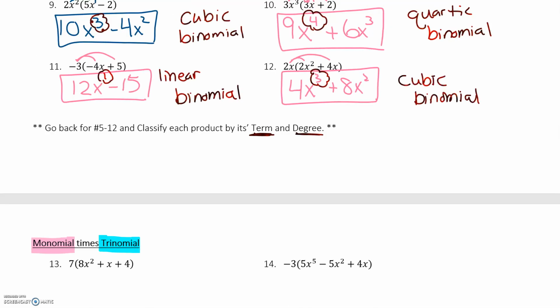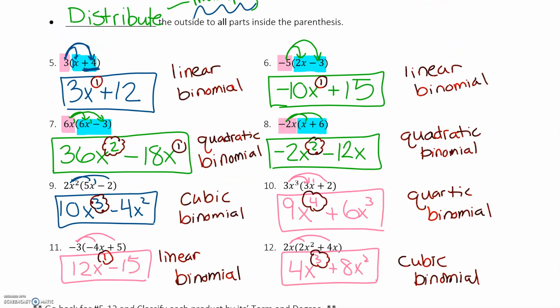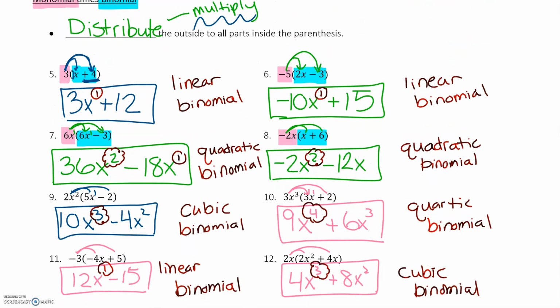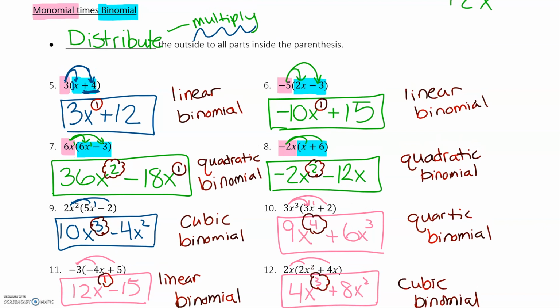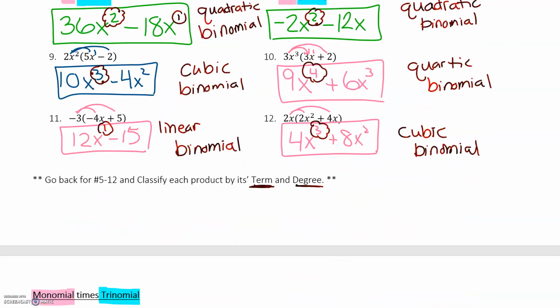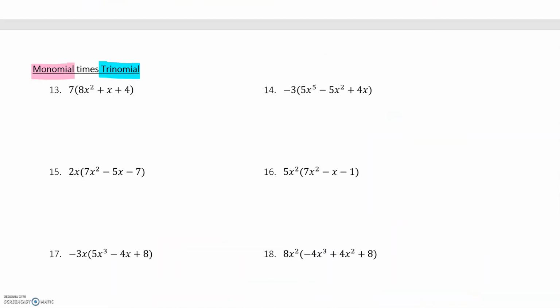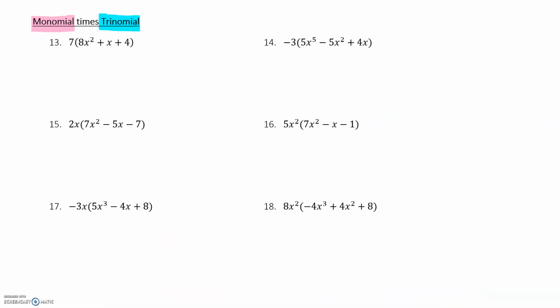Well, let's think about what we did here. When we multiplied a monomial, 1 term, with 2 terms, we always ended up with binomials, 2 terms. So when we multiply a monomial with a trinomial, we should always be ending with a trinomial. So let's see if that works out well.